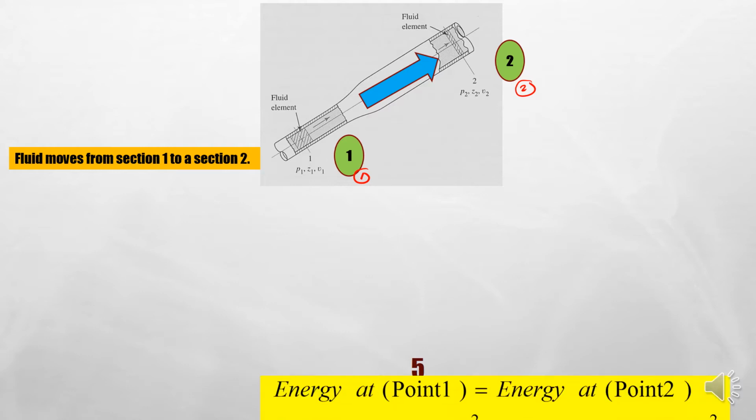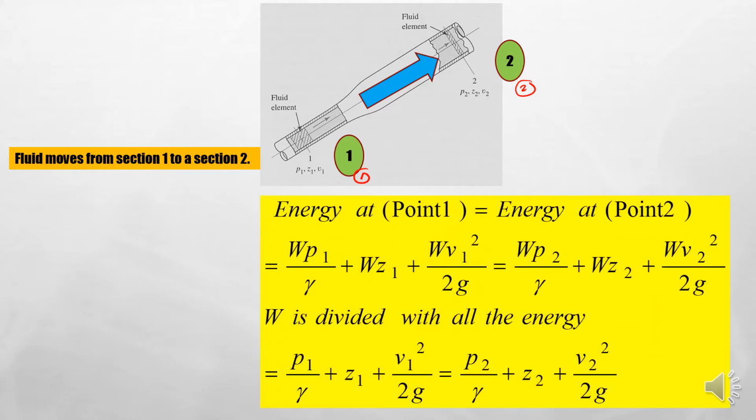In this case, we assume that no energy is being removed or added into the system. If we assume that, it means that the energy at point 1 will be equal to the energy at point 2.